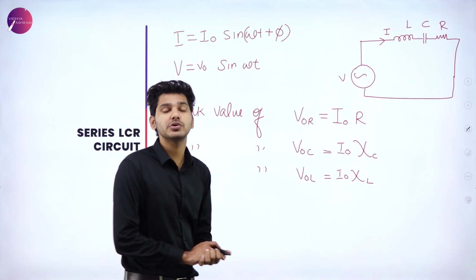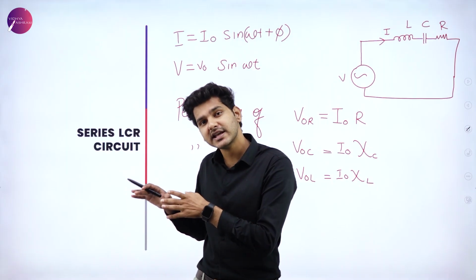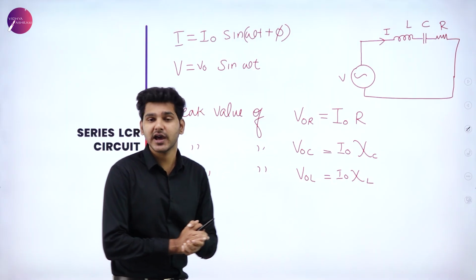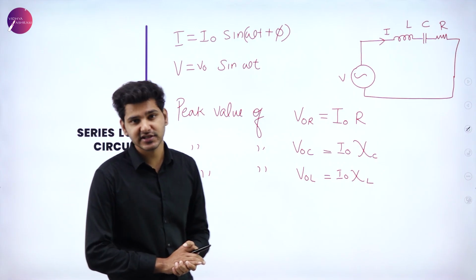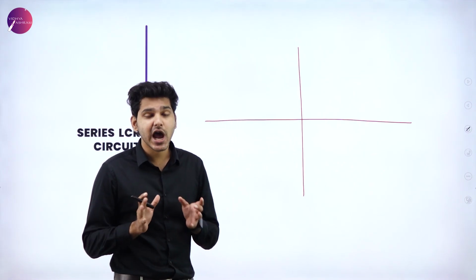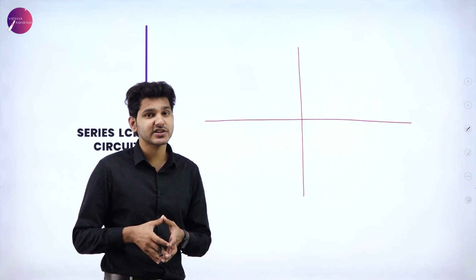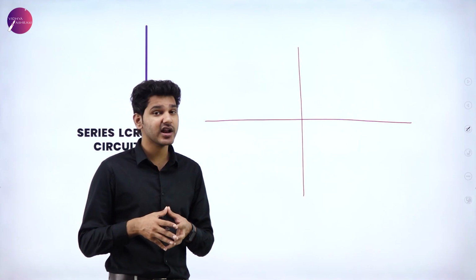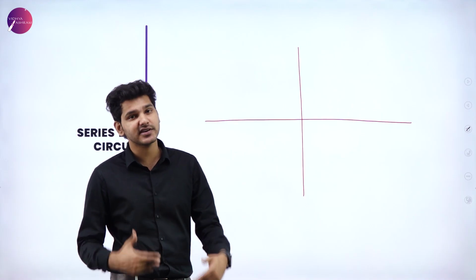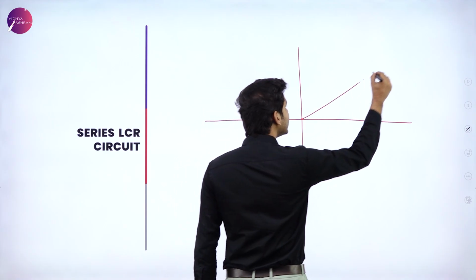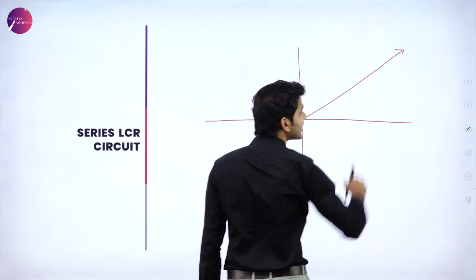Now whatever we have learned in this particular chapter, that is the phasor diagram, is going to be applied here. So how do we apply the phasor diagram? First, let's draw a phasor diagram. Initially I'm going to consider the phasor diagram of a purely resistive circuit where current and voltage are in phase with each other, which means they will both be traveling in the same direction.